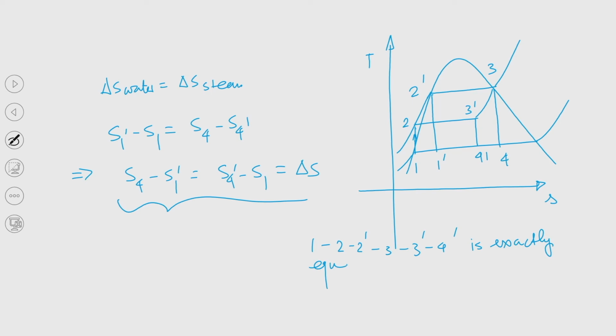equal to the Carnot cycle, which is 1 prime, 2 prime, 3, 4. So, 1 prime, 2 prime, 3, 4, let me use a different color. So, this is the Carnot cycle.